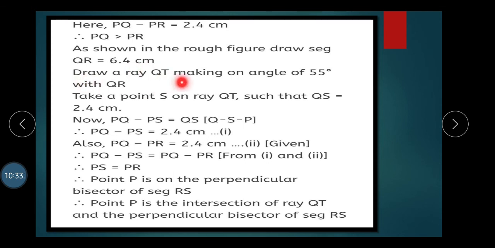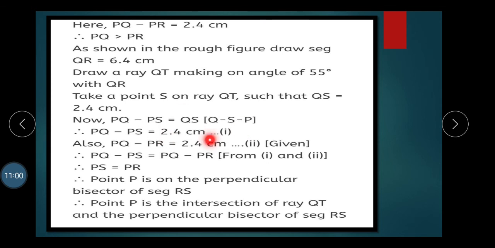Draw ray QT making angle of 55 degree with QR. Take point S on ray QT such that QS is equal to 2.4 centimeter. Now QS will be PQ minus PS. PQ minus PS is equal to 2.4 centimeter.